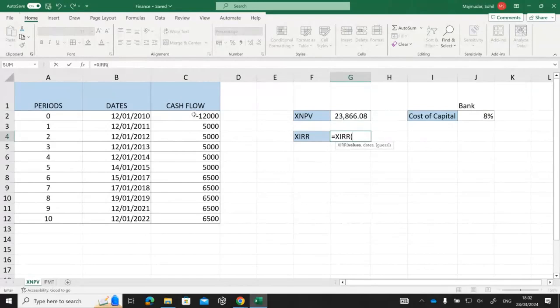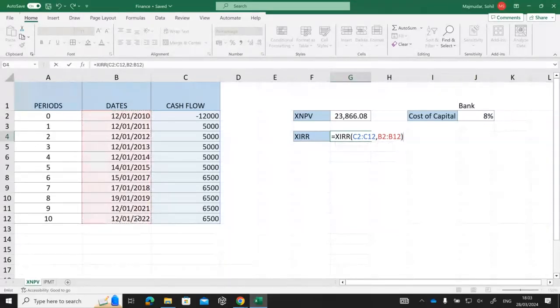First, you don't need the rate here. You only need the values. So select all of the values first. Put a comma and then select all of your dates. Once again, XIRR works when there is a gap in your dates. Otherwise, you can just use IRR.